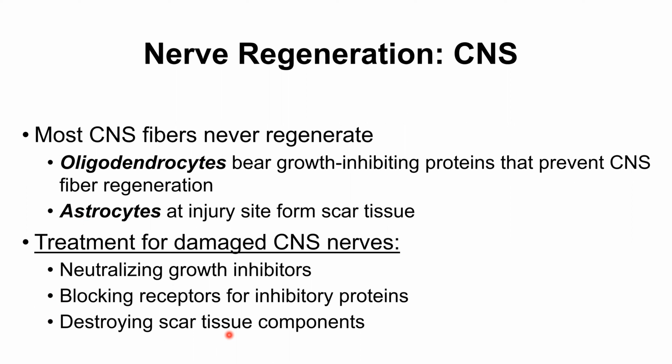Now, I say treatment here, but realistically, in terms of clinical medicine at this point, we're not necessarily here yet with really any of these things, though I know there's a lot of research going into this. Just know that these are just ideas of how we could maybe regenerate CNS nerves.